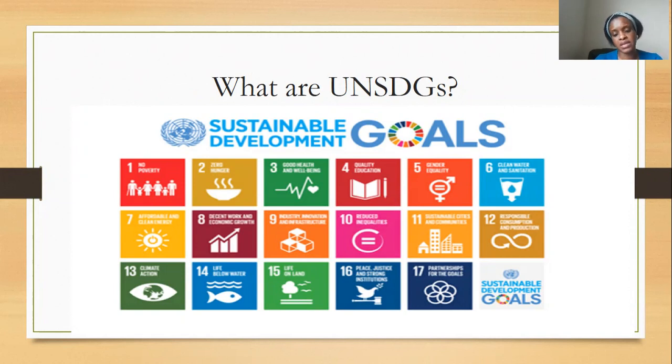The goal is that these issues could be tackled, or solutions could be found to these issues, by 2030. The UNSDGs are a sequel to the UNMDGs, which are the United Nations Millennium Development Goals. And the UNSDGs are an expansion or an addition to the UN Millennium Development Goals.